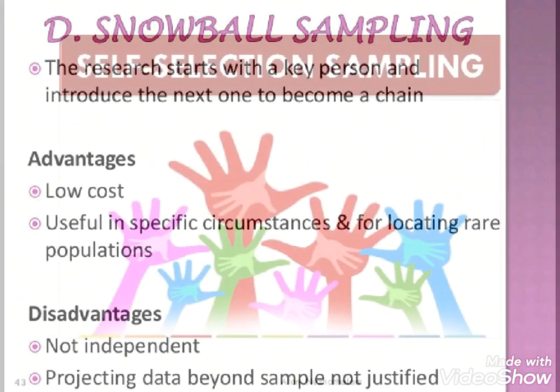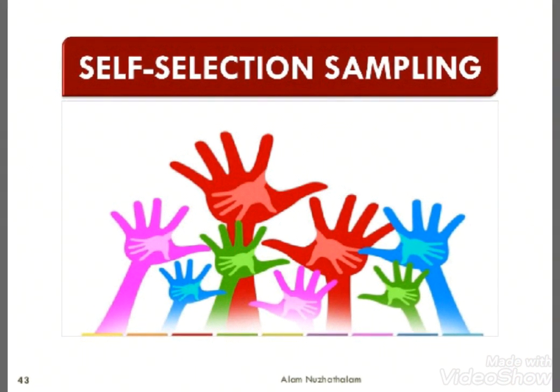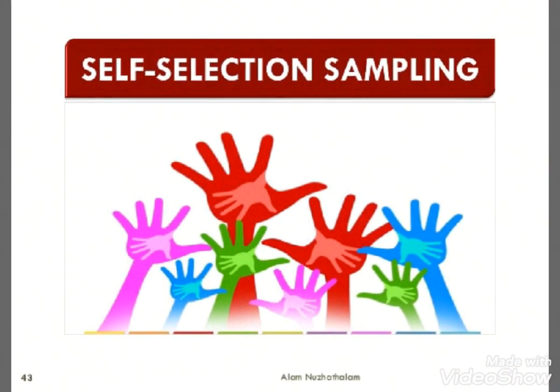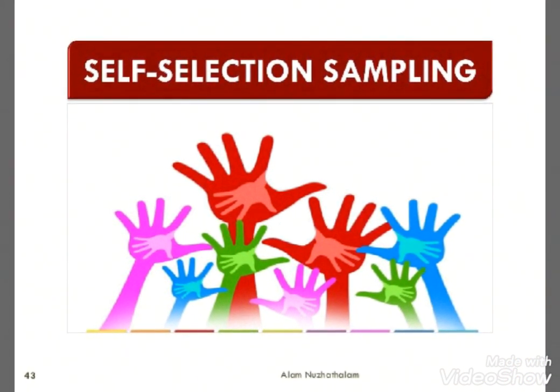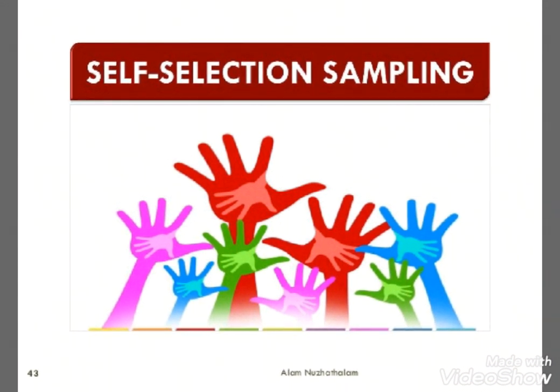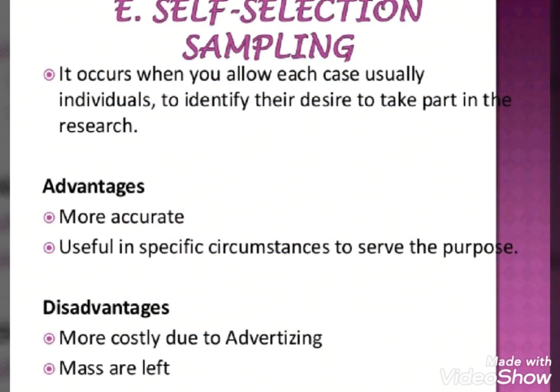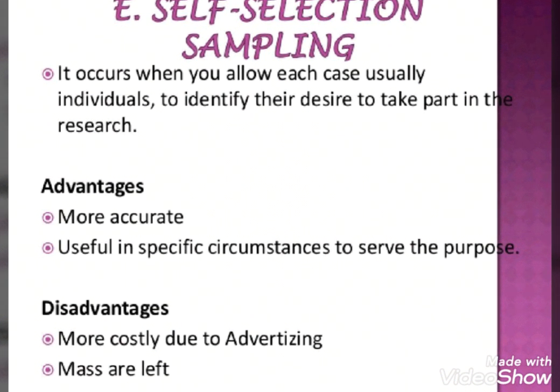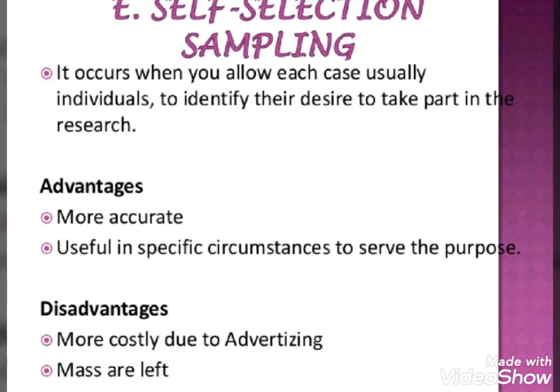Then self-selection sampling means the population voluntarily gets selected for the research purpose. It occurs when you allow each case, that is individuals, to identify their desire to take part in the research. As I told, the samples are voluntarily selected for your research purpose.